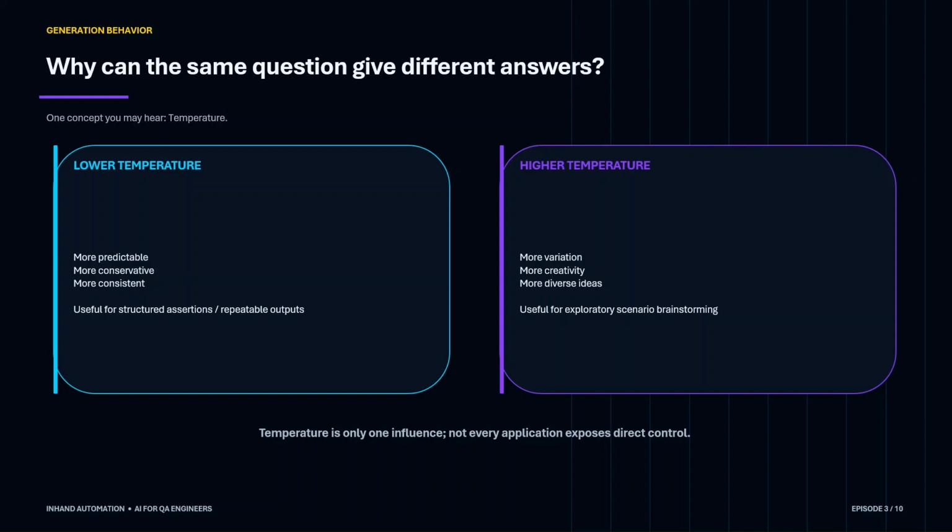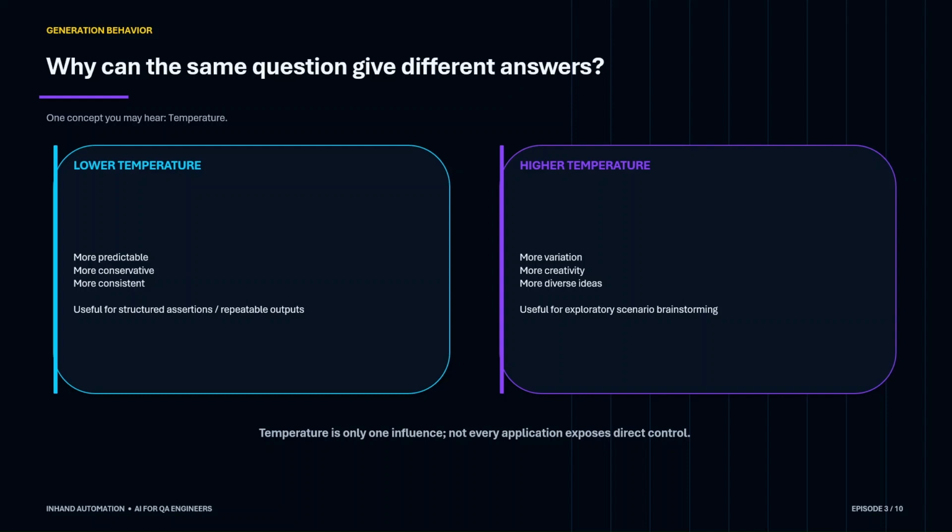In an LLM system, temperature is one setting which is used to influence this randomness. By this time, I hope you understood what temperature is. The one concept which can make a difference in the response of AI is temperature.